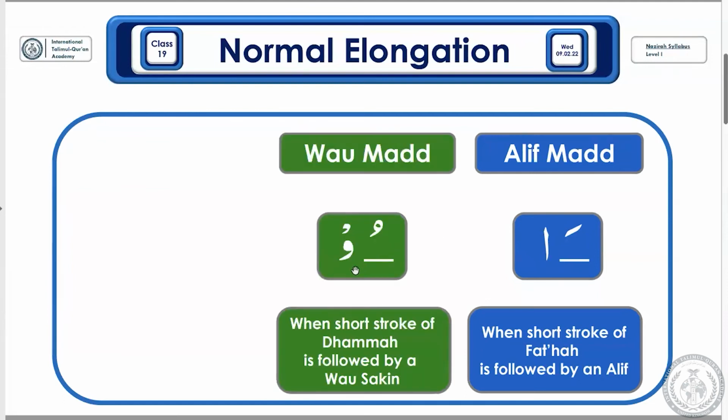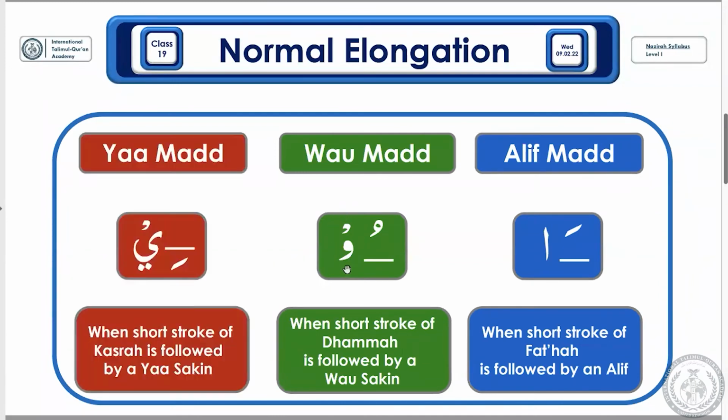Next, we looked at waw mad. Waw mad is when the short stroke of dhamma is followed by a waw sakin. So wherever you see a letter carrying a dhamma and the letter after it is a waw sakin, then that will become a waw mad and our sound will prolong for 2 counts.